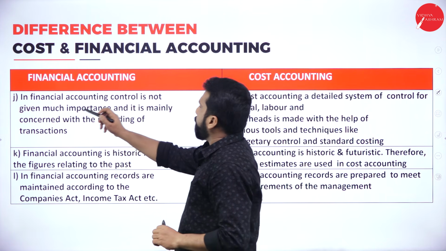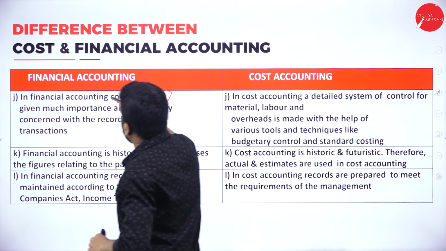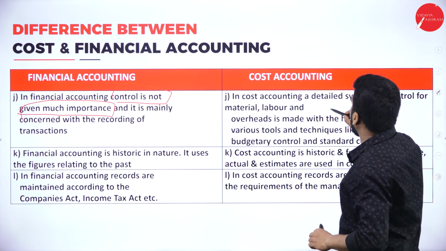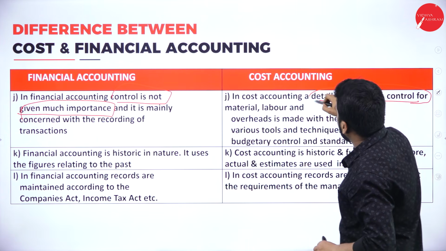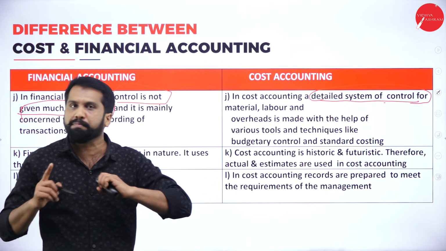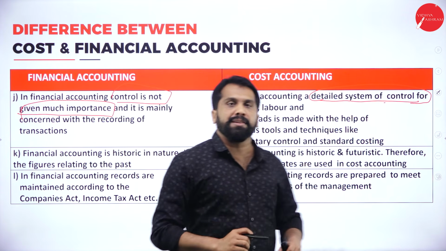Now, in financial accounting, control is not given importance. But in cost accounting, there is a detailed system of control. It means in financial accounting you cannot control the cost, but in cost accounting you can control the cost.